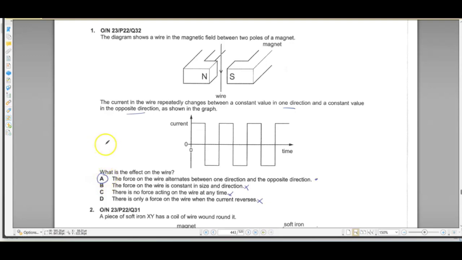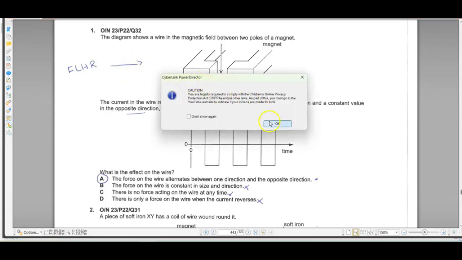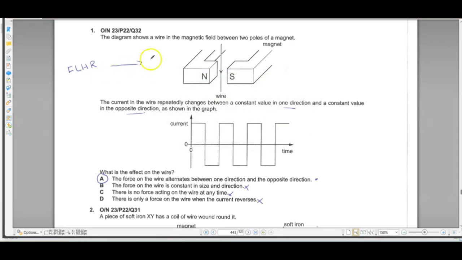You can also view this phenomenon by using Fleming's left-hand rule. For example, if your first finger is showing you the direction of the magnetic field, and this is the finger that shows you the direction of the current, the force will be in the downward direction.